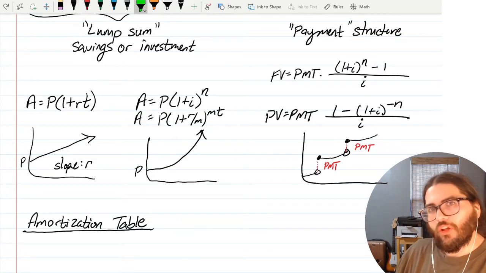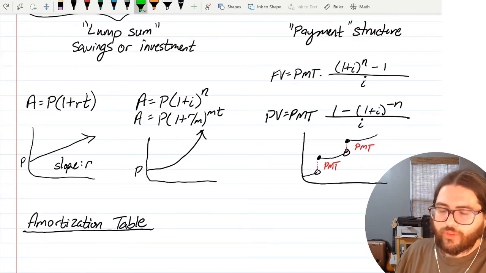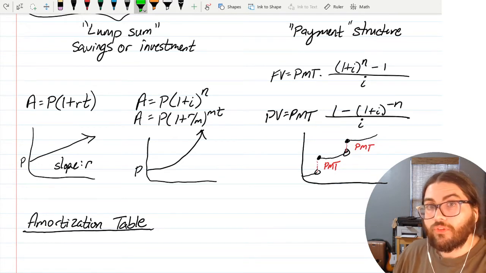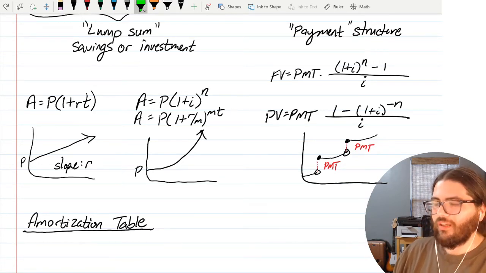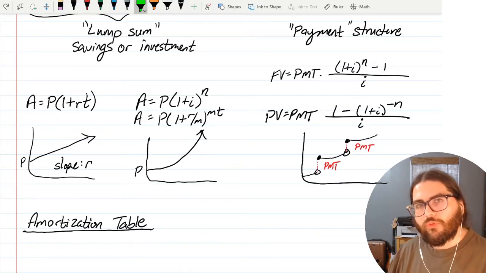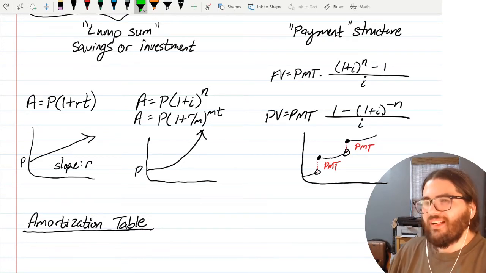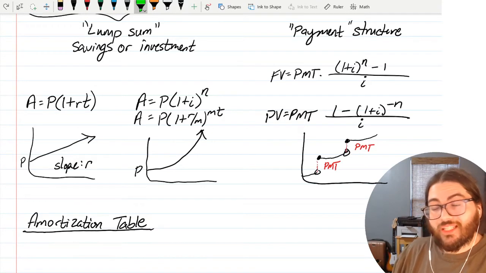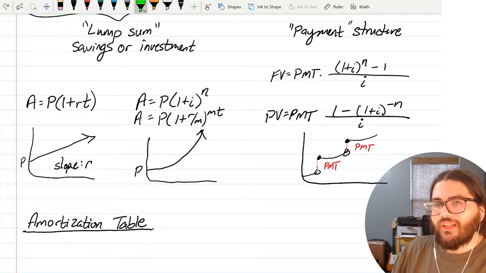When we're talking about dollars and cents, we have to round that off to 2 decimal places. And because sometimes it might round up to an extra cent or round down for those fractions of a penny, over time it might get a little bit off. And that's what the amortization table is doing.